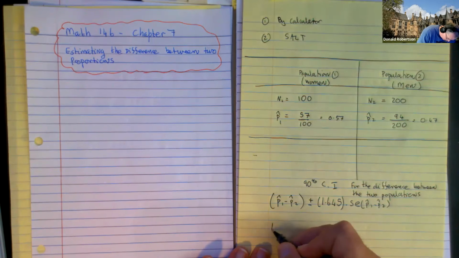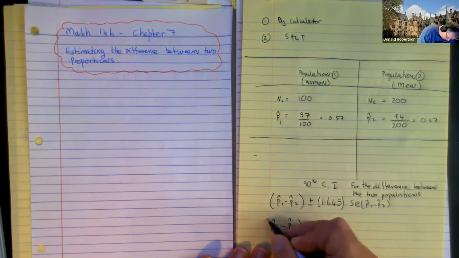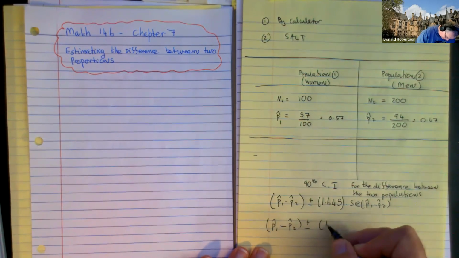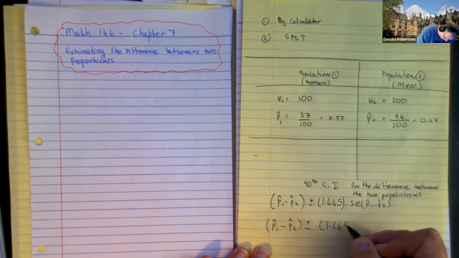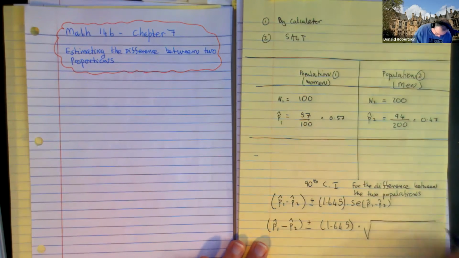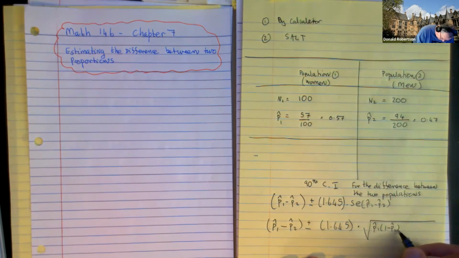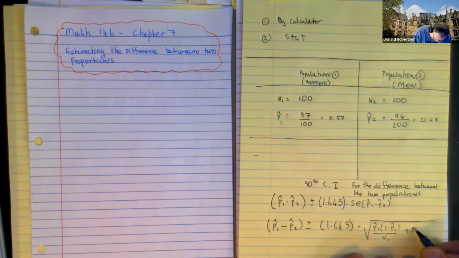And that now becomes P1 hat take away P2 hat plus or minus 1.645 times the square root of, and this guy called the standard error has a really ugly formula. It's P1 hat, 1 take away P1 hat, all over N1, plus P2 hat, 1 take away P2 hat, over N2.